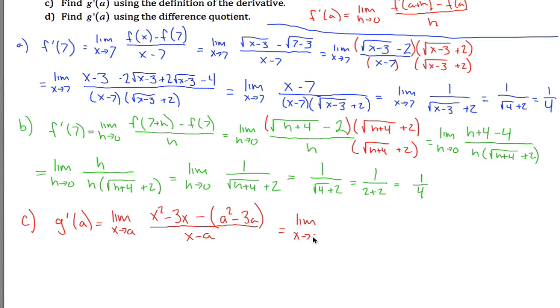Let's see if we can make that happen. Limit as x approaches a of... The trick here will be to regroup terms. I want to get an x minus a out of the top. Instead of x squared minus 3x minus a squared plus 3a, I'm going to write x squared minus a squared, and then minus 3x and plus 3a.